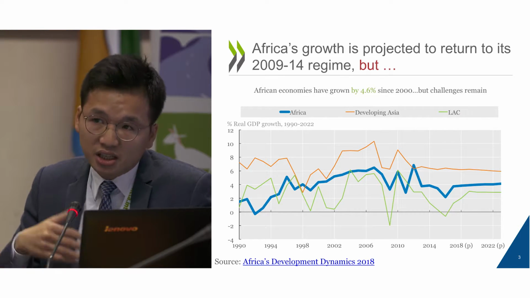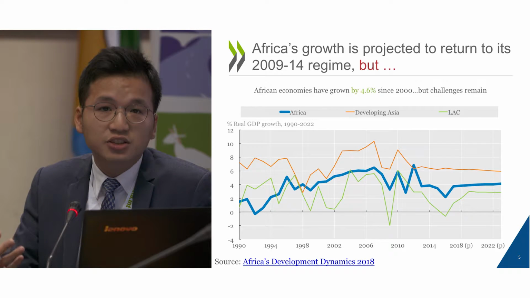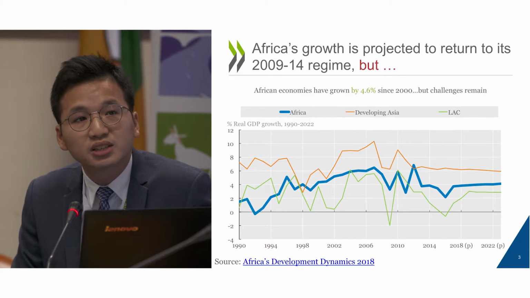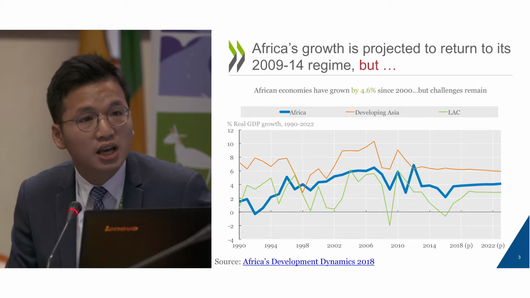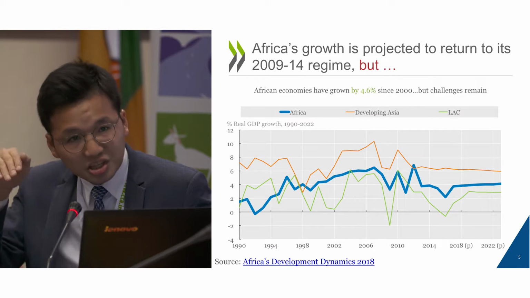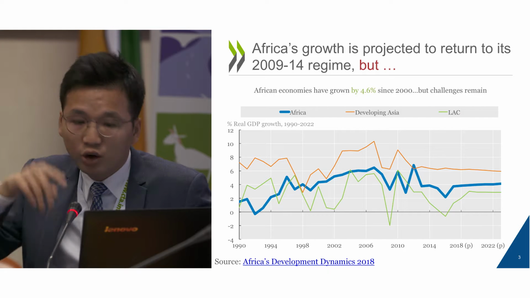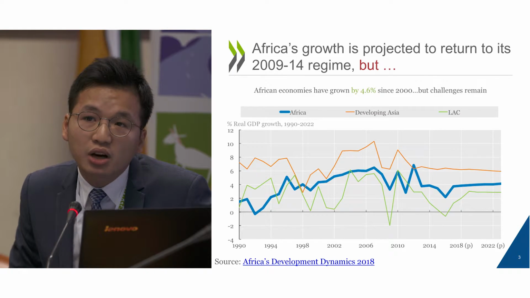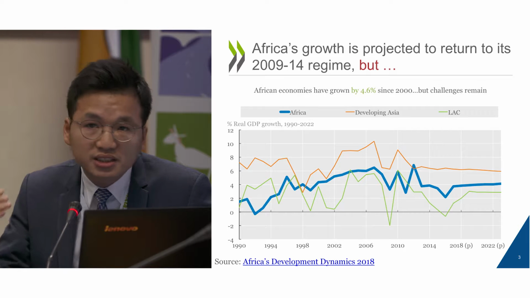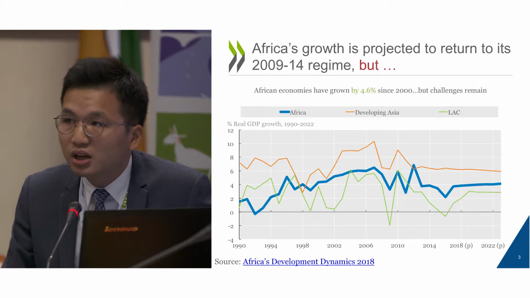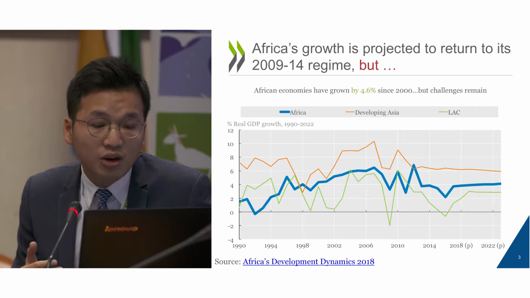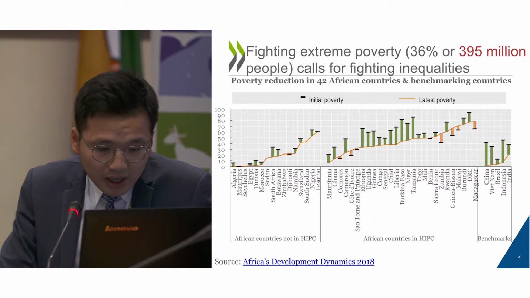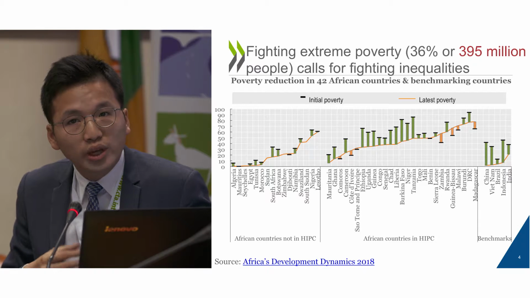And second, many countries, especially the large economies in the region, are still highly dependent on exports of commodities. That means that the growth trajectory is still very volatile, going up and down. As you see, around 2015 to 2016, there is a dip because of commodity prices losing almost half of their value.